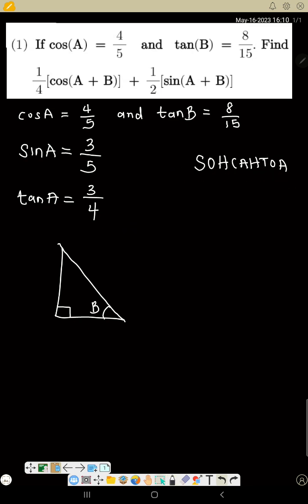That means tan B now is opposite, so the opposite is 8, over adjacent, that is 15.